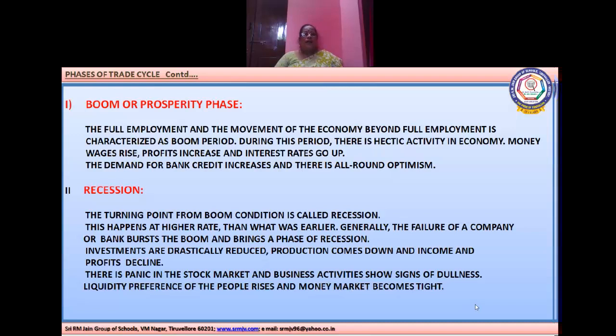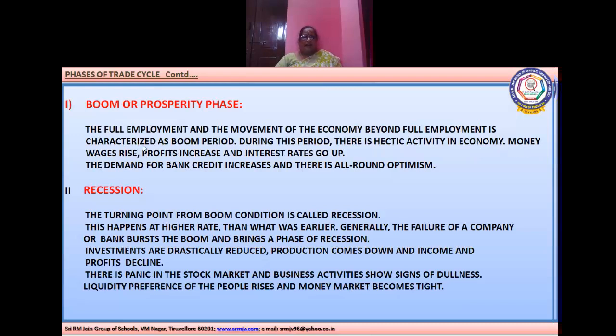Boom or prosperity phase. Another name for boom is prosperity phase. The full employment and the movement of the economy beyond full employment is characterized as boom period. During this period, there is hectic activity in the economy.